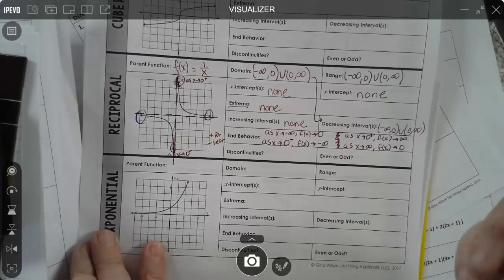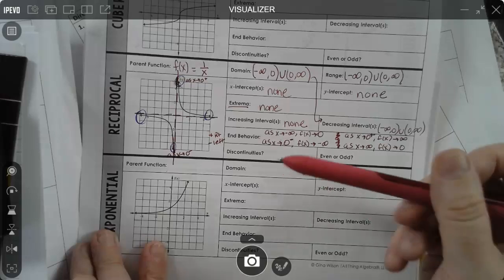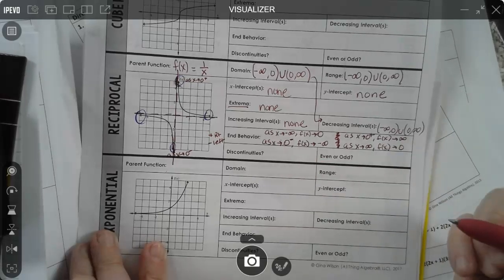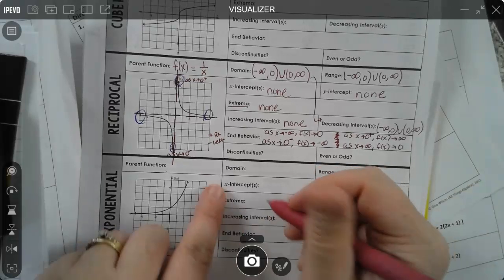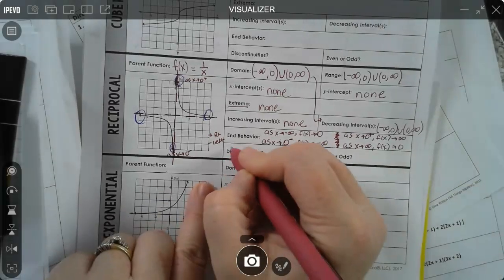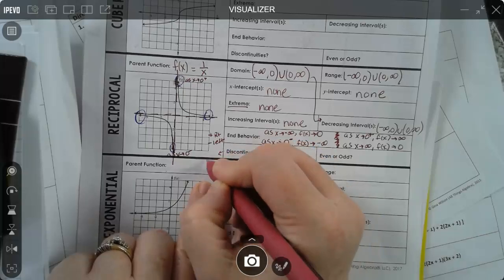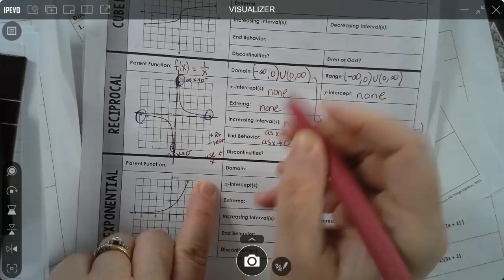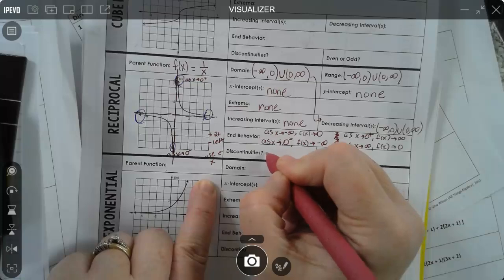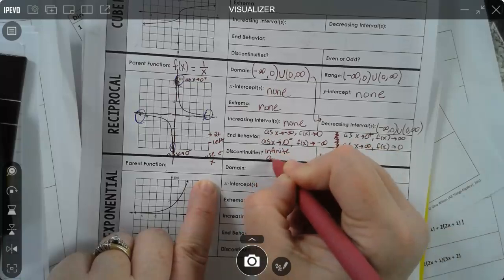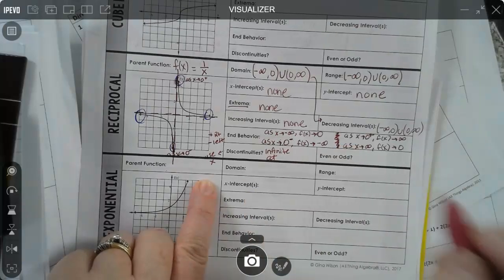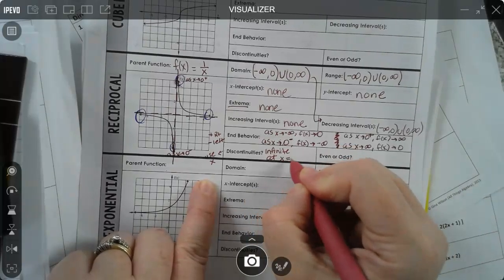Discontinuities. Yes. Infinite. Remember, we only use x to describe these. So yes, I have an infinite discontinuity at, and you have to say where it happens, at x equals 0.